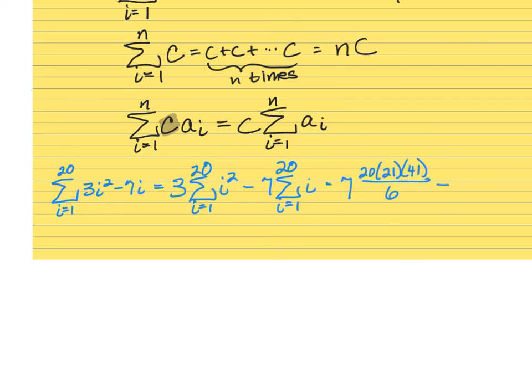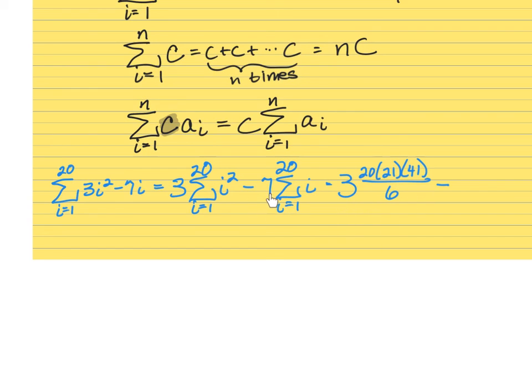Wait, why do I have the 7 there? This is not the 7. This is the 3, because that's the coefficient in front of the i squared. So 3, bam, right there. And then the sum of the first 20 perfect squares is right there. That's just using our formula.